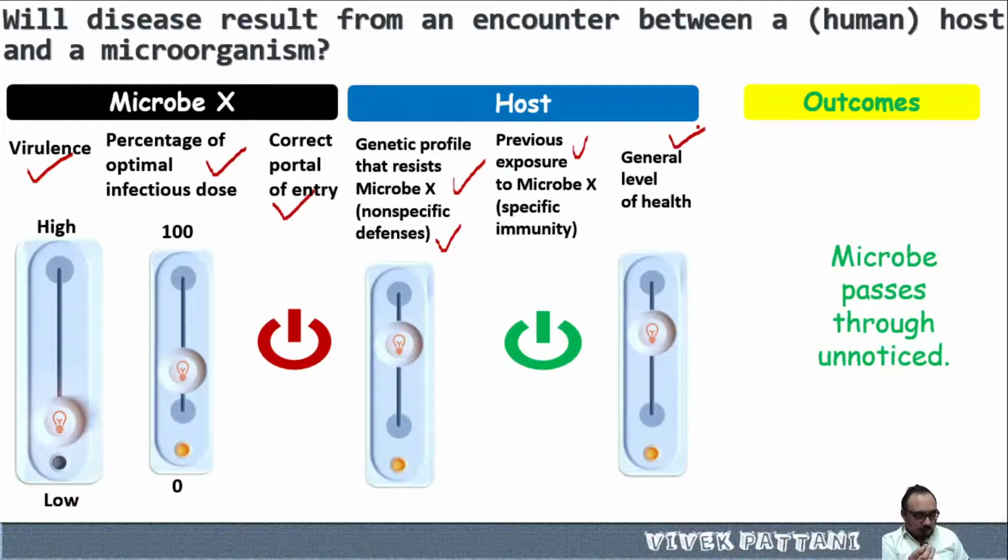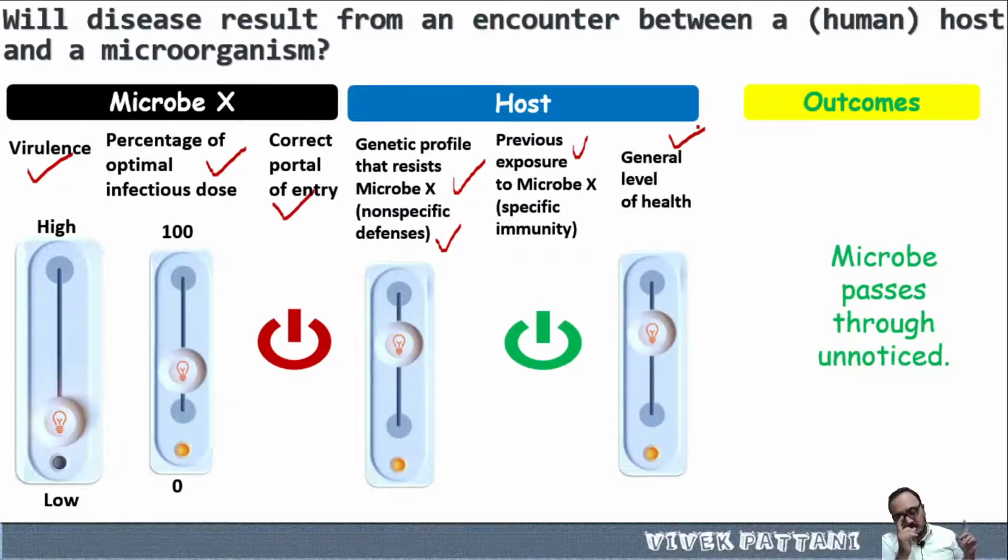So it may have a high infection rate, but the problem comes next: does the pathogen enter from the correct portal of entry? As I told you when we were discussing the portal of entry, each and every specific pathogen needs a proper portal of entry to cause an infection.